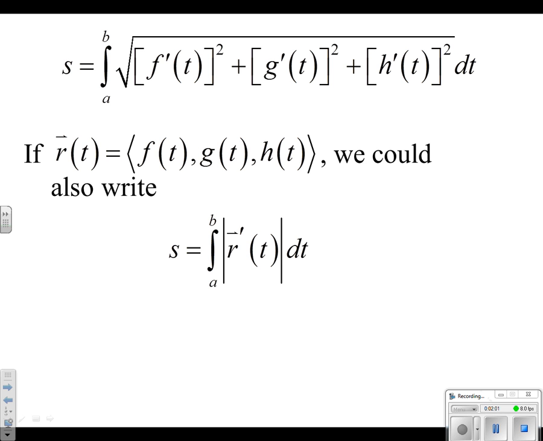So another way to think about this would be that it is the integral from a to b of the magnitude of the r prime vector, because of course the vector for r prime would be f prime, g prime, h prime. So same idea. Okay. Now, I don't think there's any real advantage to expressing the arc length as the integral of the magnitude, but it's just interesting to observe.